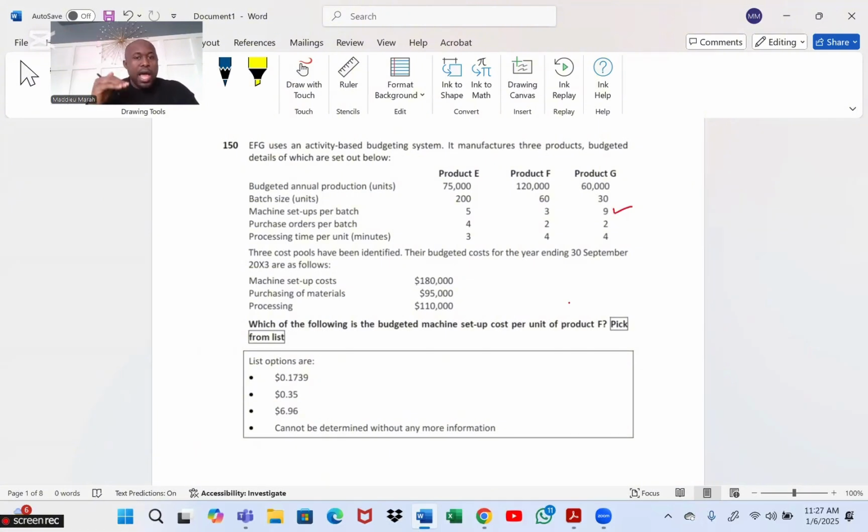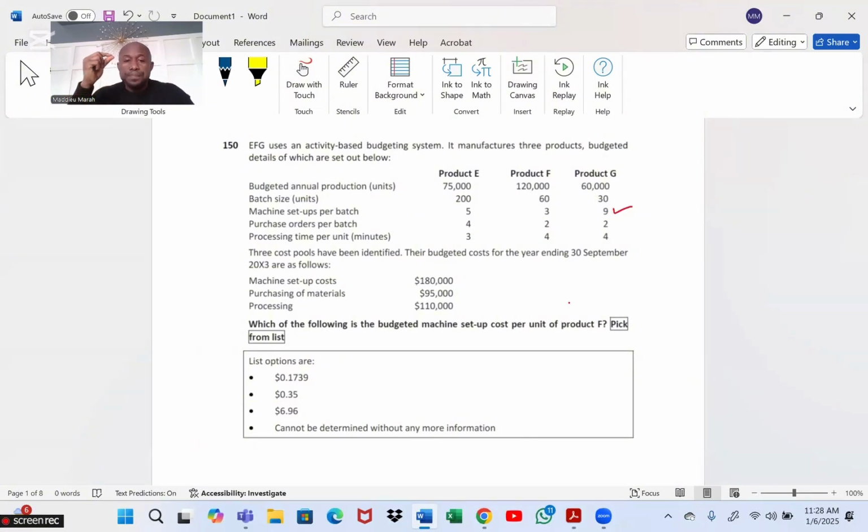If we were asked to calculate the purchase order per batch, then we could do that. Processing time per unit, we could do that. But for this question, we are asked to calculate the machine setup cost. Remember, we have the machine setup cost not per unit, but per batch.